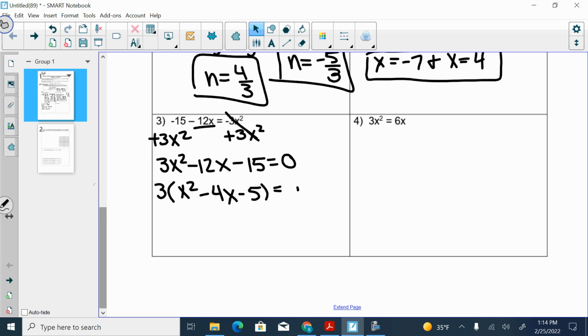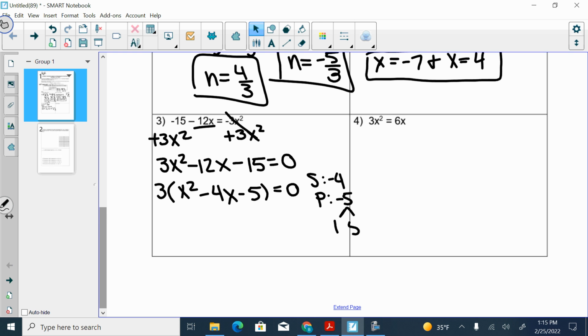Okay. All right, so now that we've done that, what is our sum? Negative 4, good. And what is our product? Nice. Okay, what multiplies to give us negative 5 and adds to give us negative 4? Well, the only thing that multiplies to give me 5 is what? 1 times 5.